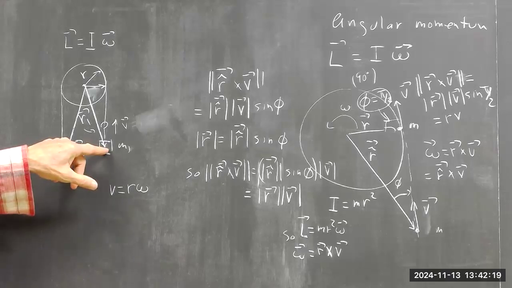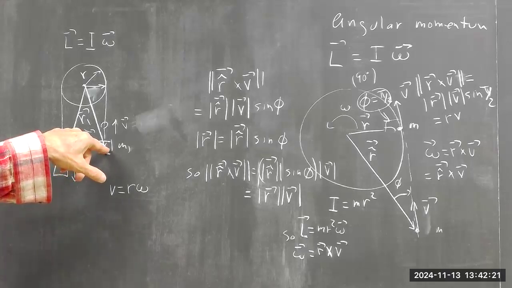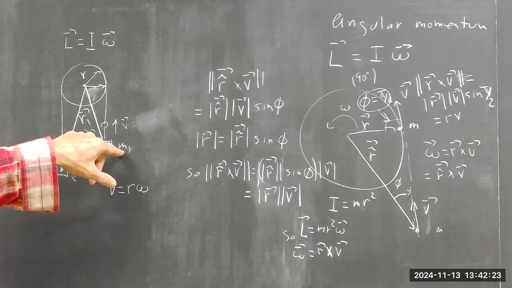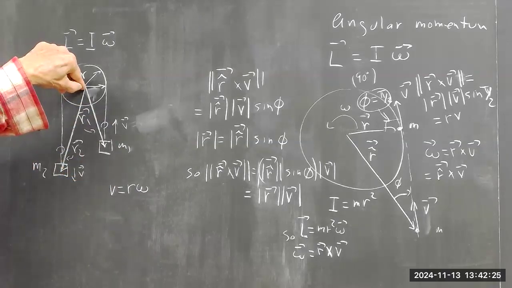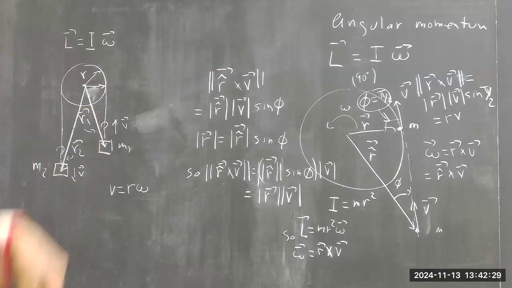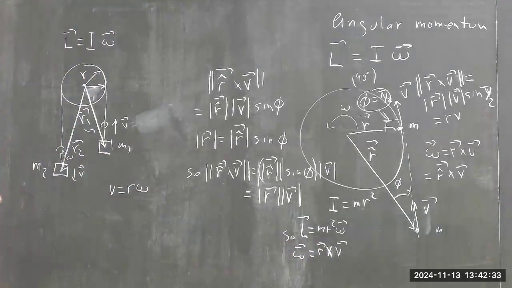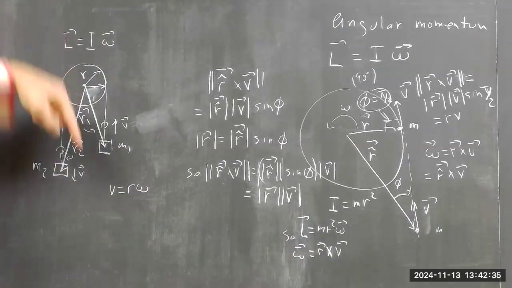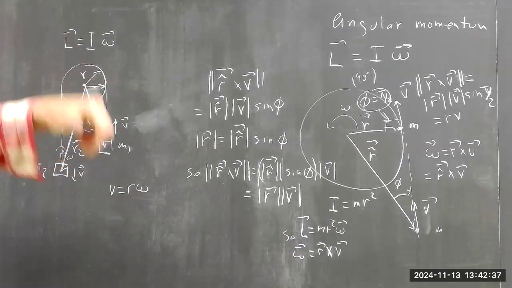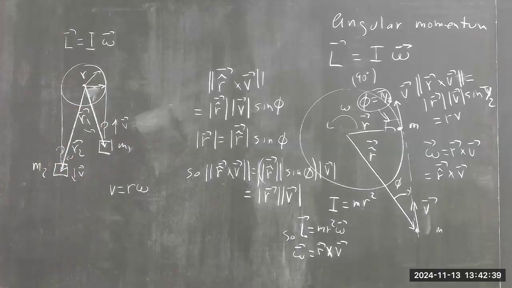Now, what's the angular velocity of this mass with respect to this axis? It's R cross V, right? So the R crossed with the V gives you a vector in this direction.